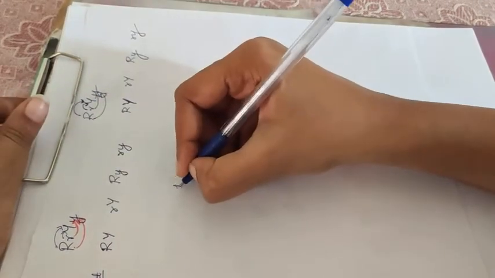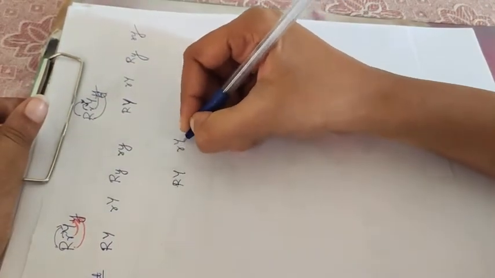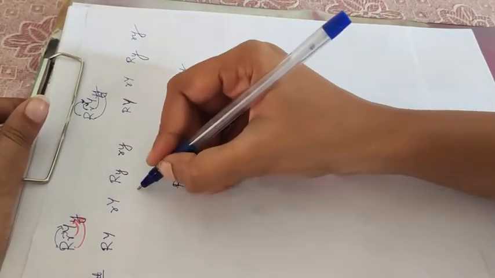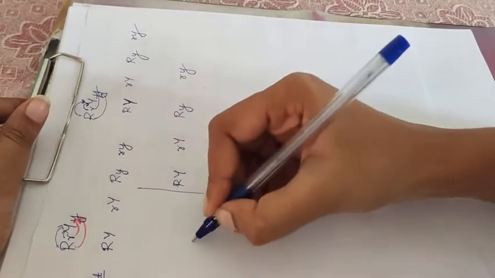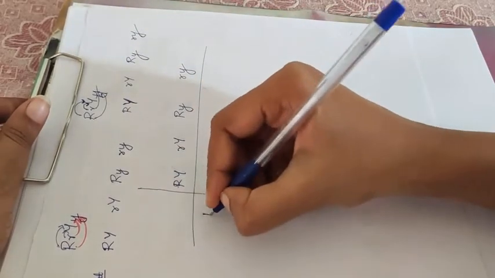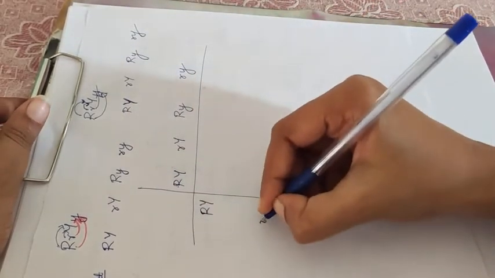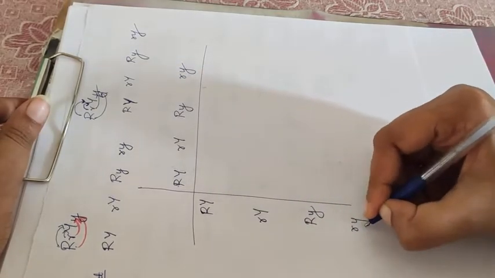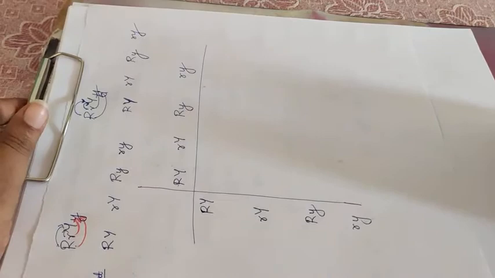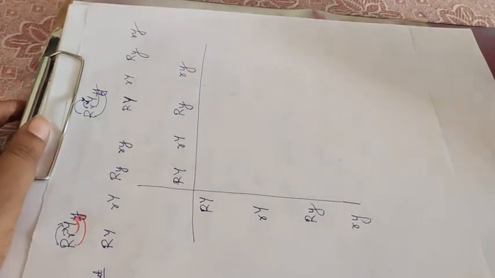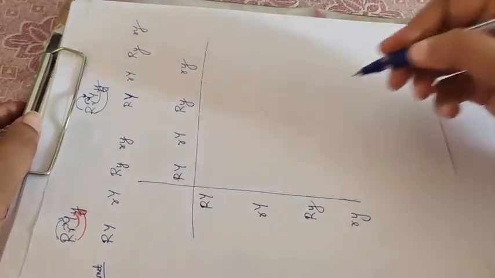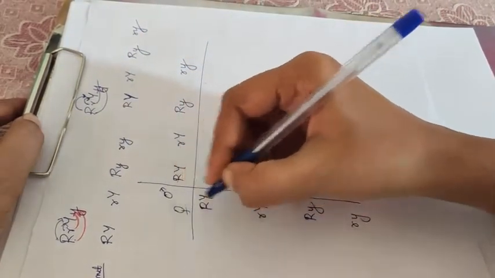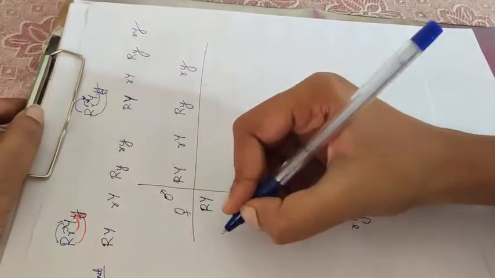So it is R, Y, on one side. If I take this as a male, and here we have written the female gametes.